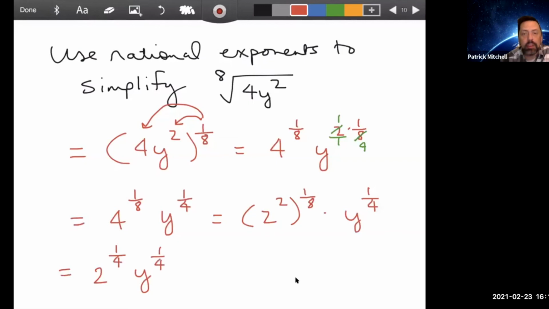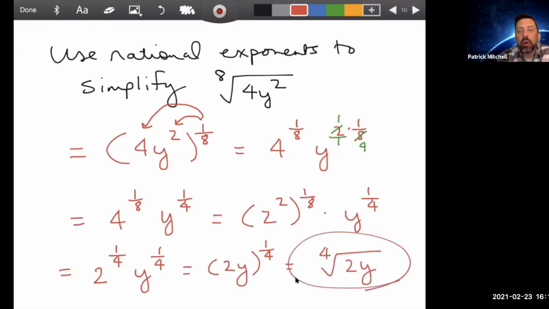So believe it or not, the 8th root of 4y squared can be simplified down to 2 to the 1/4 times y to the 1/4, which I'm going to think of as the 1/4 power of 2y. And now I can just write it as the 4th root of 2y.